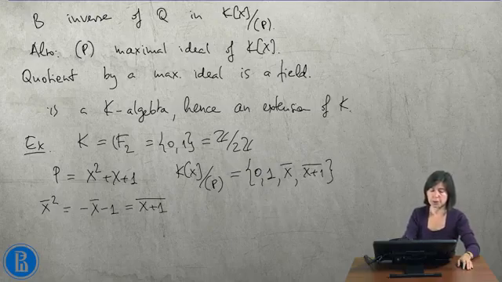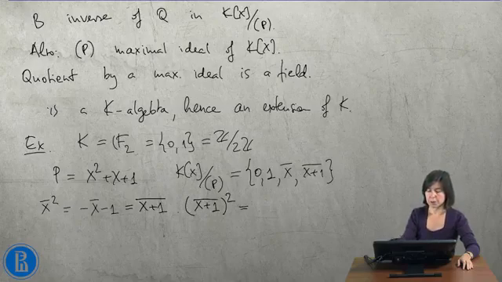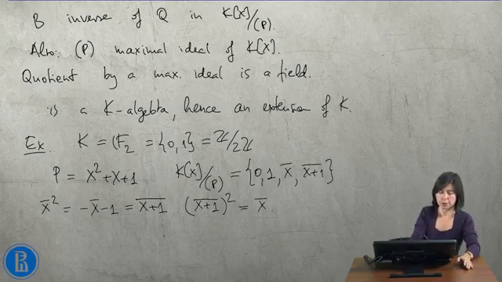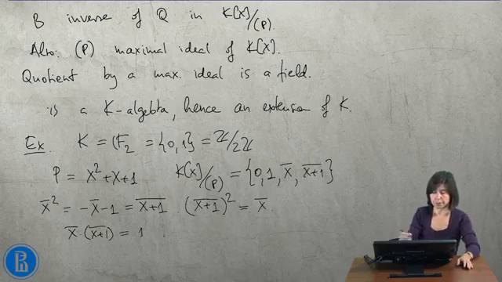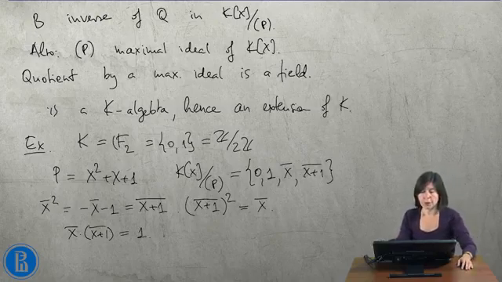In the same way, x plus 1 bar squared is x bar, and they are inverse of each other. x bar times x plus 1 bar is 1. So this is the structure of a field of 4 elements.